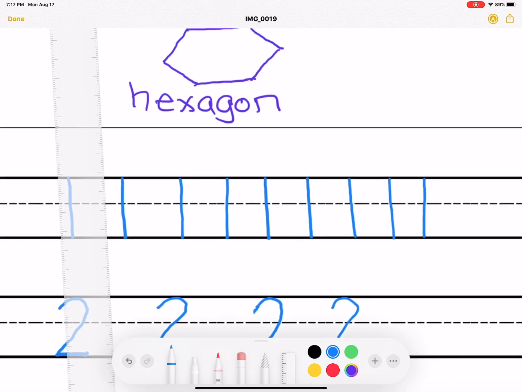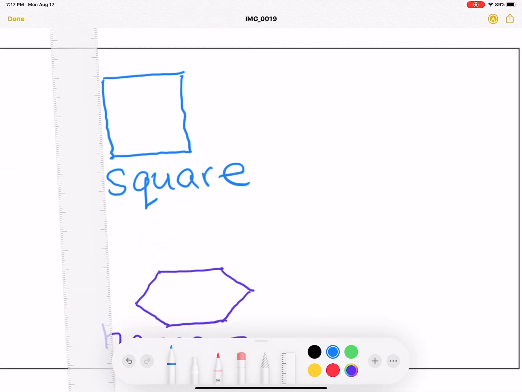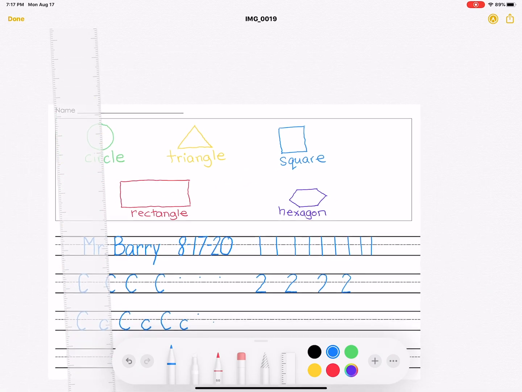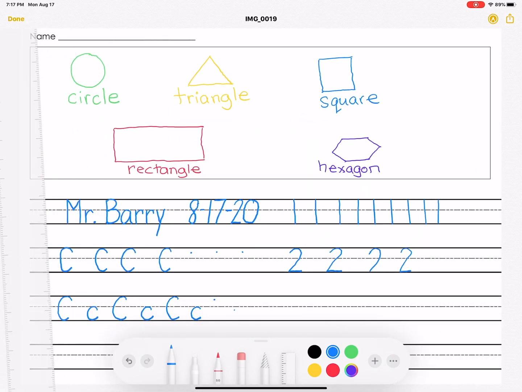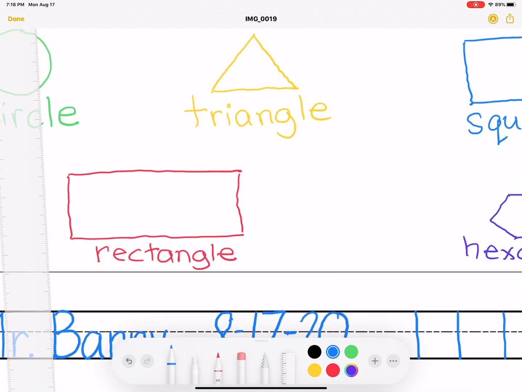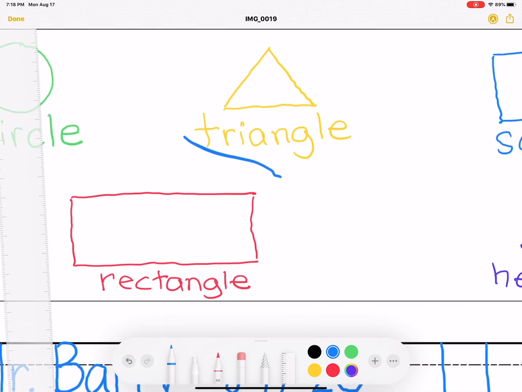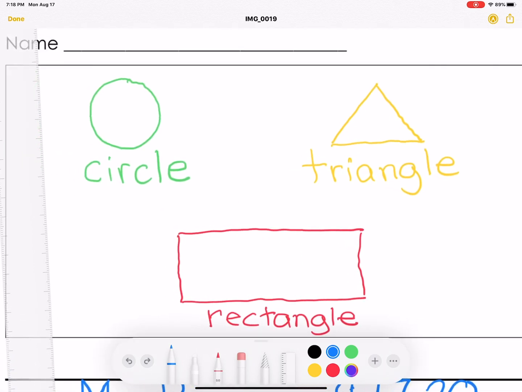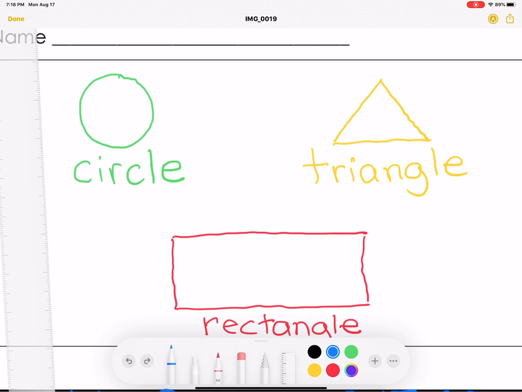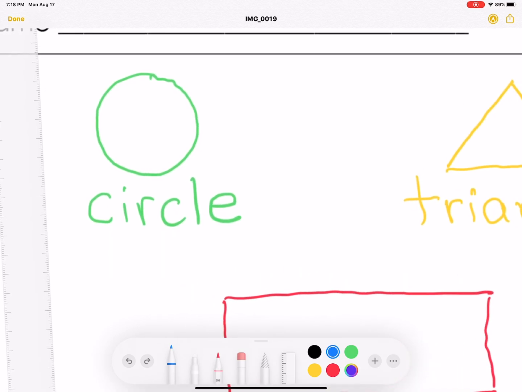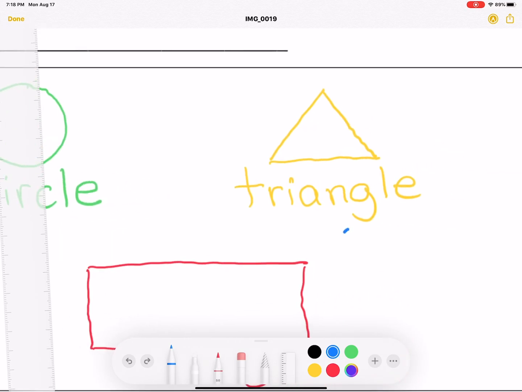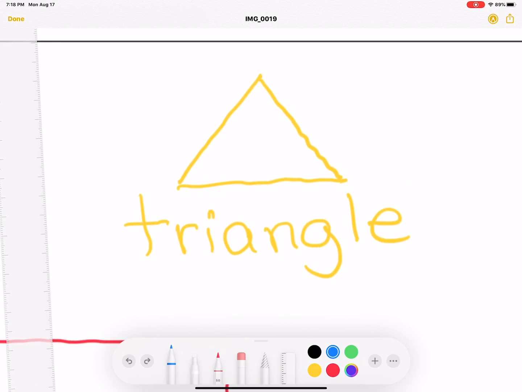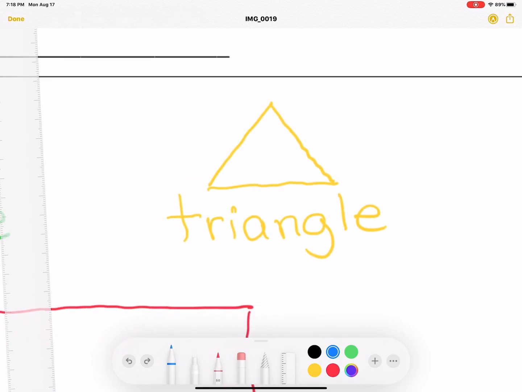And we are going to go to the top where we already have drawn our shapes. Okay. So look at that. We've got 5 shapes that you guys should already know. This is material you should have learned already. We've got the circle, which has no sides. It's all round. We've got the triangle, which has 3 sides.